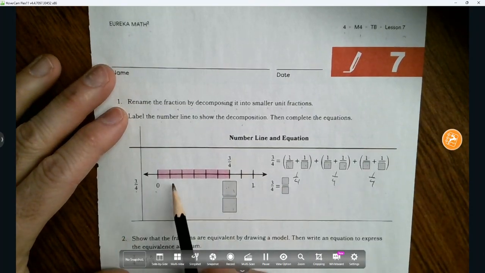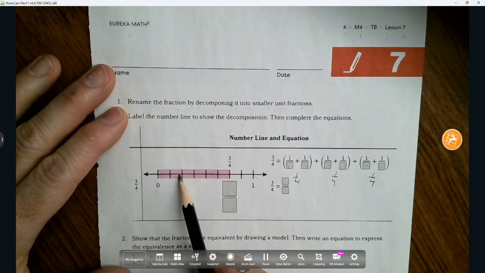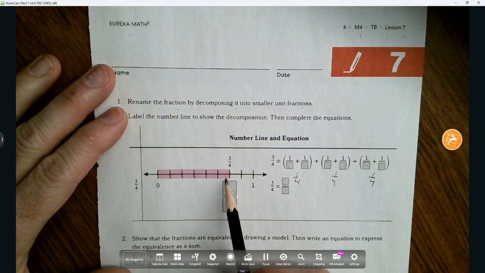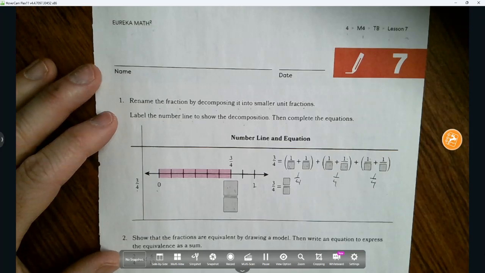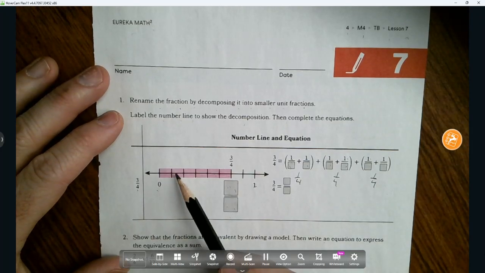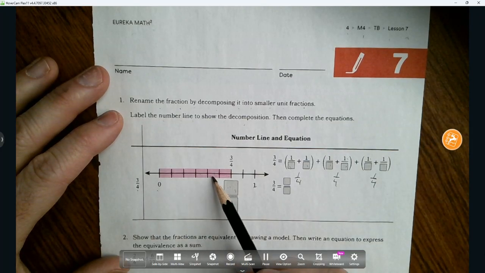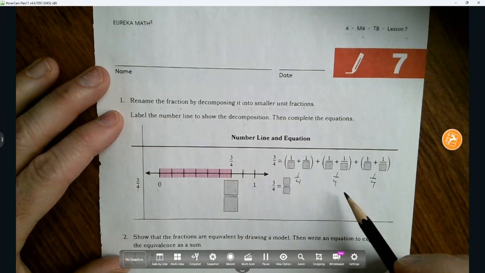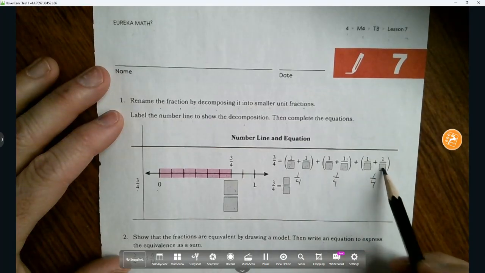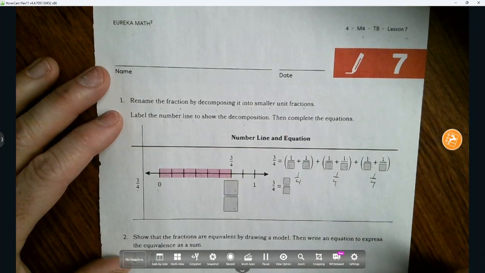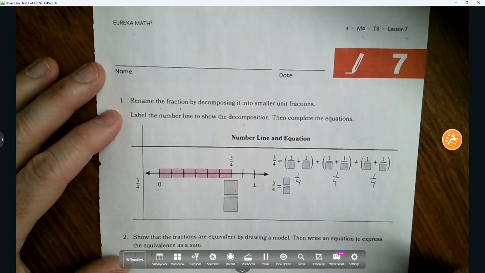Okay, so let's just look at what they give us here. We have 1, 2, 3, 4, 5, 6. We have 6 there. Okay, so if we have 6, we have 1/6, 2/6, 3/6, 4/6, 5/6, 6/6. Right? So that's 6 spots. Can that help us?